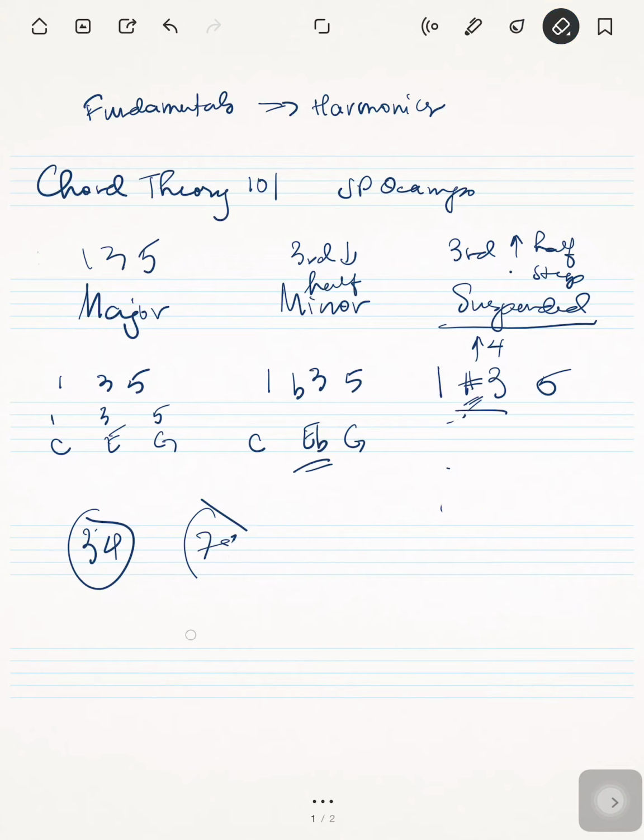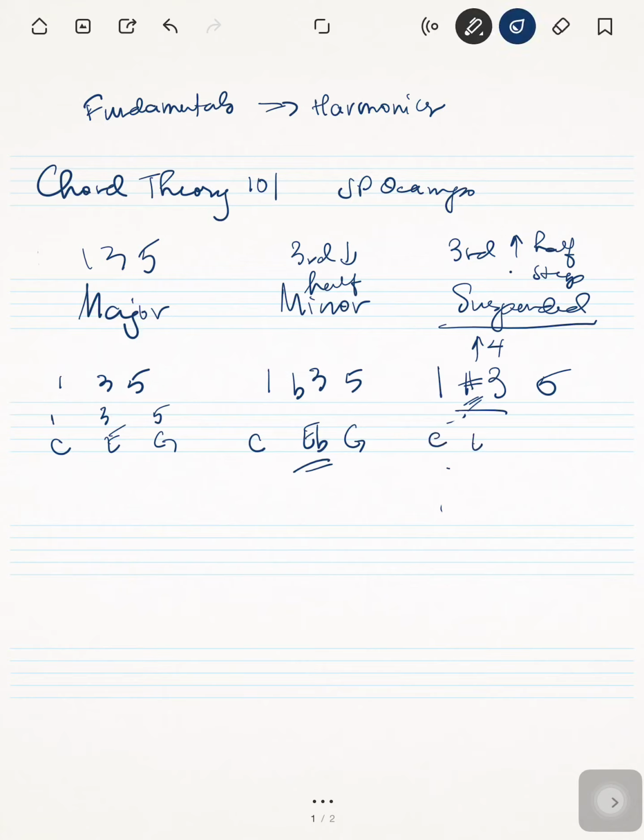So what does this mean now? Technically, it's not really that we're saying C, E sharp, G, although this is really possible. What we're technically saying is it's C, F, and G. It's gonna get complicated later, because next, if we add the scales that are really, really hard, like F sharp, C sharp, G sharp, all of those scales, it's not gonna be possible to keep track of it unless you really know your scales.